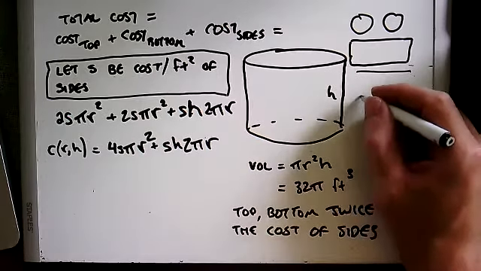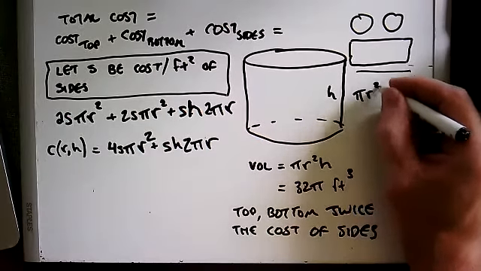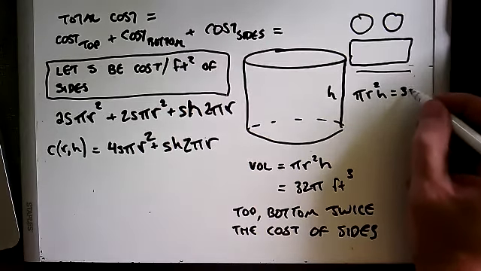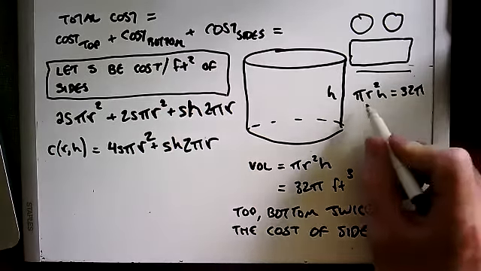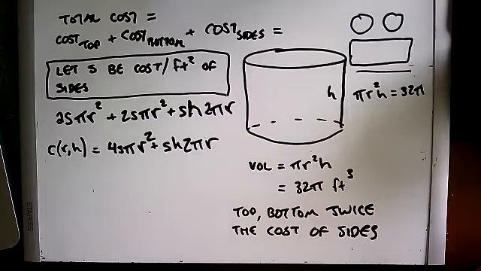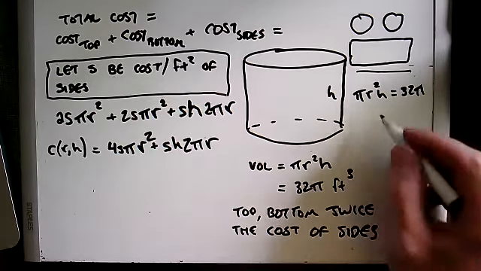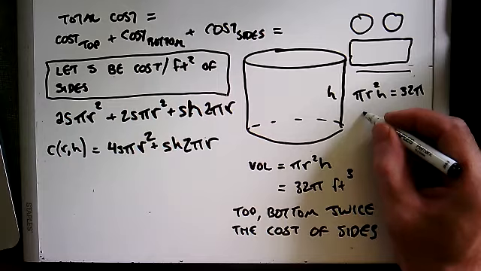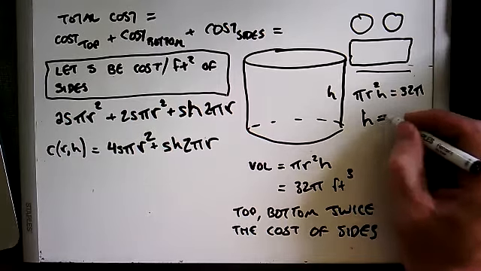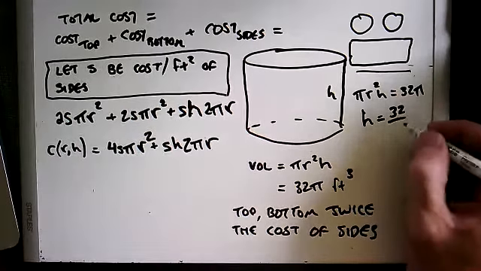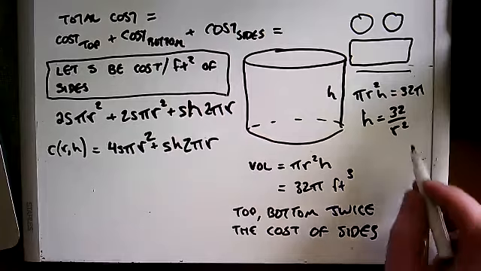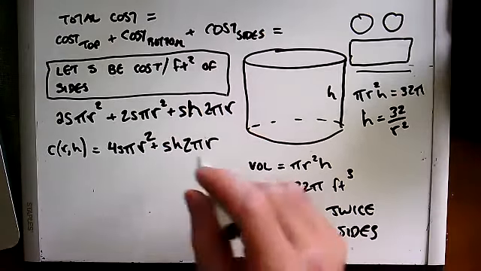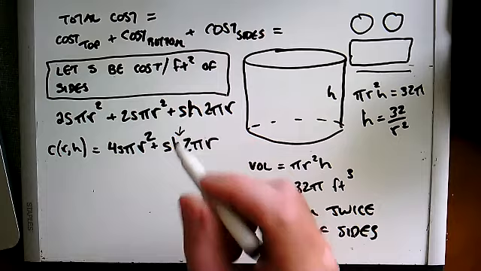So if we have that pi r squared h, that's the volume, equals 32 pi, well, we can solve this for h. Divide both sides by pi, and divide both sides by r squared, and we have h equals 32 over r squared. So 32 over r squared can then take the place of h in our equation.